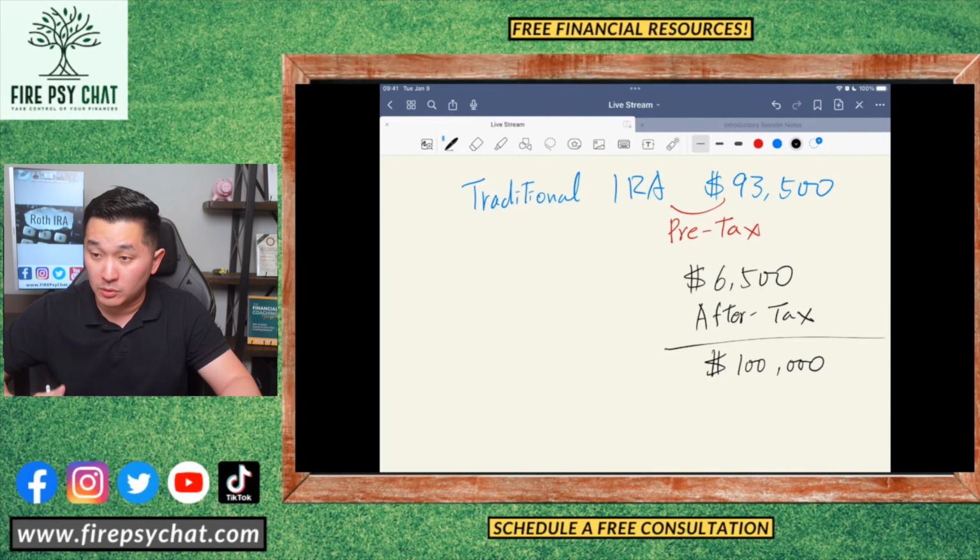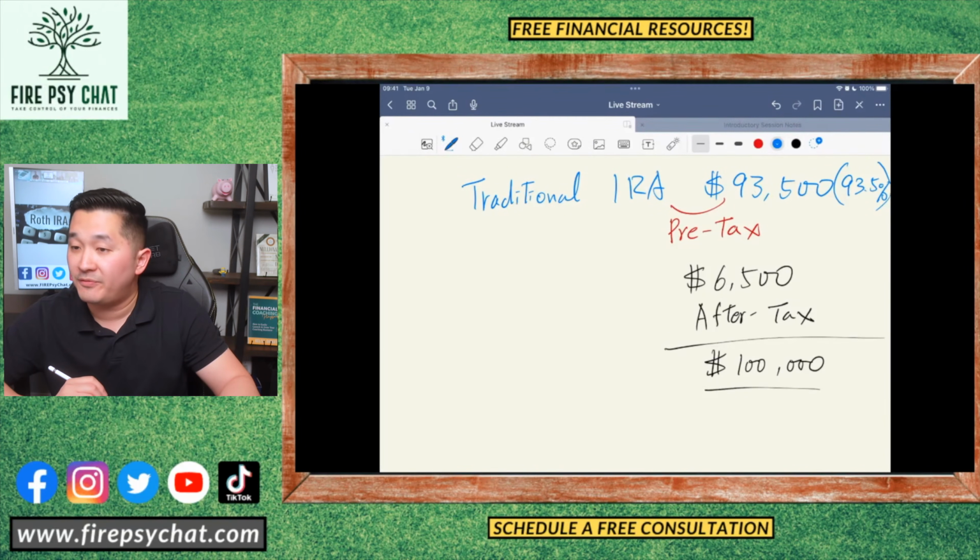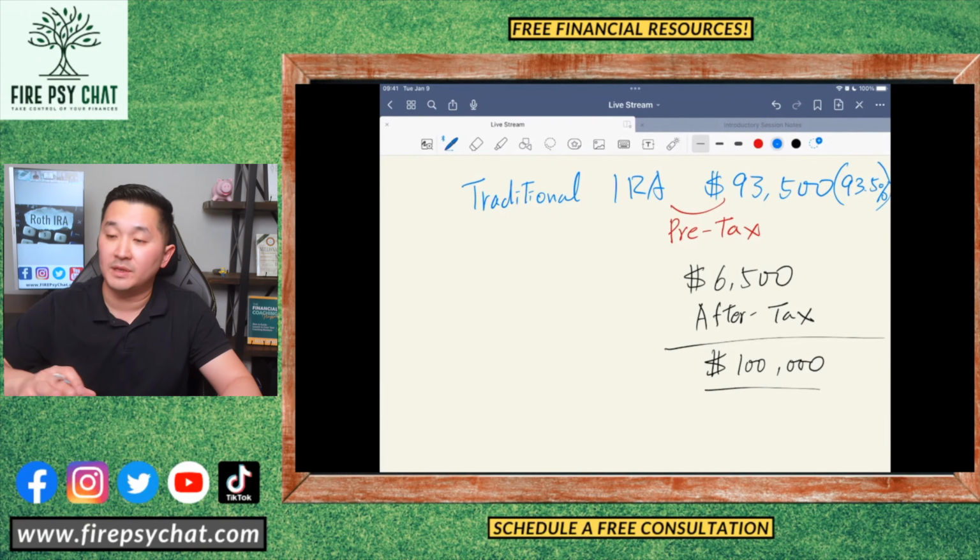This is where the pro-rata rule kicks in. I'm just using 93,500 as an example, but 93,500 divided by $100,000, which is the total, would give me 93.5% of the pre-tax money in my traditional IRA.